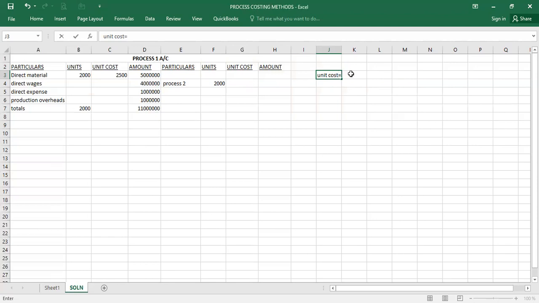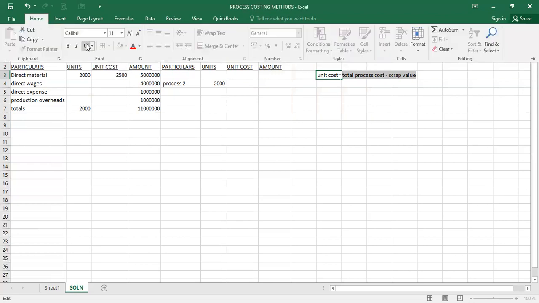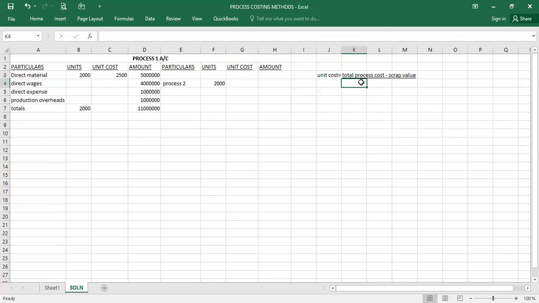It is equal to the total process cost, less the scrap value, then all of it we divide by the expected output. So that's how we get that.